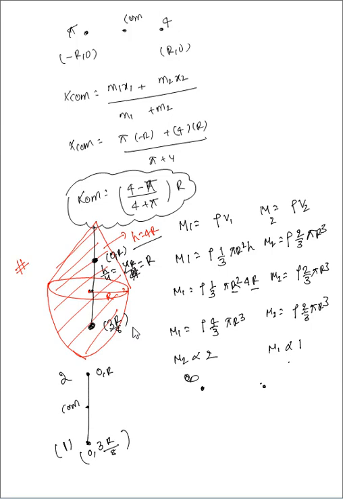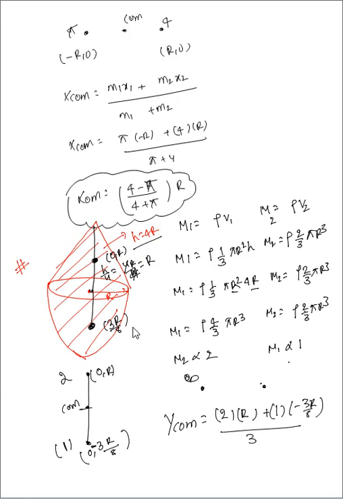For this we need to apply the XCOM formula. XCOM, YCOM, we are discussing about the y axis, no? So YCOM we need to apply. YCOM formula: m1 y1, m1 is nothing but 2, y1 is just r, plus m2 is 1. This is below the coordinate axis, so I have to choose minus here. So we get 1 into minus 3r by 8 divided by m1 plus m2, 2 plus 1 is nothing but 3.